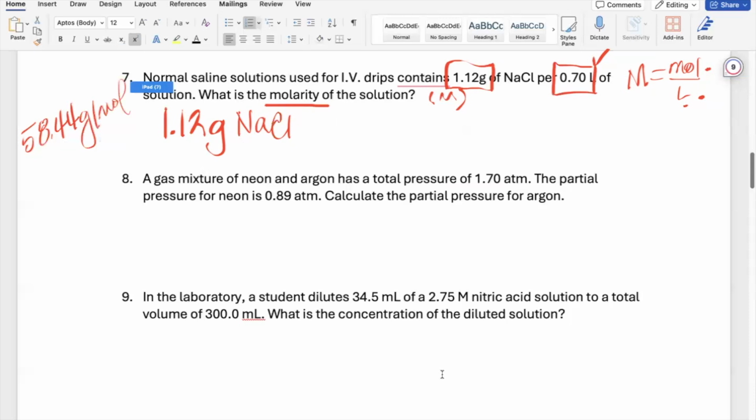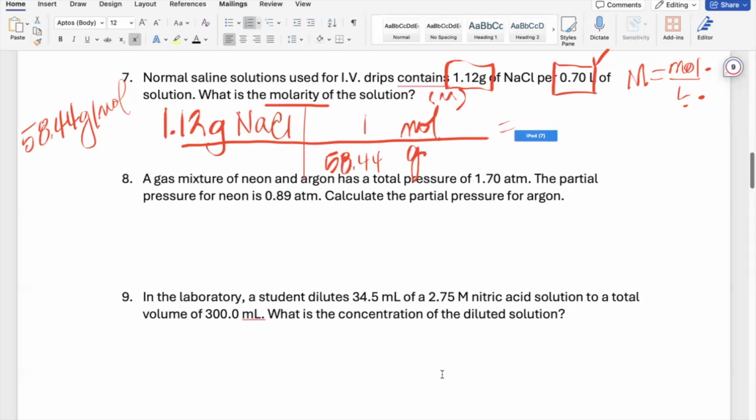So the molar mass of NaCl is 58.44 grams. So we would put our given unit on top. Then we want to cancel with the unit on bottom and then our new unit in based off of the conversion factor on top. And the number is always married to the gram. So it's going to go on bottom with the gram, and that would leave 1 mole on top.